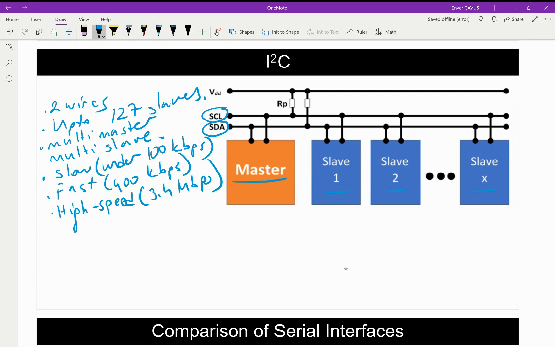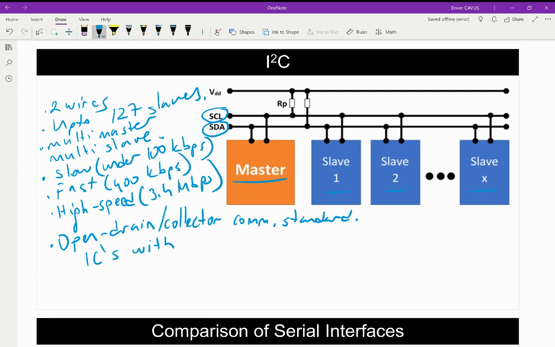So it uses this open drain, or you can also use open collector, communication standard. It means integrated circuits, ICs with different supply voltages can be connected.